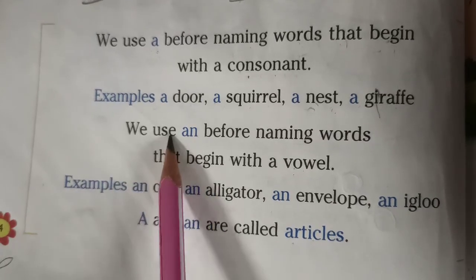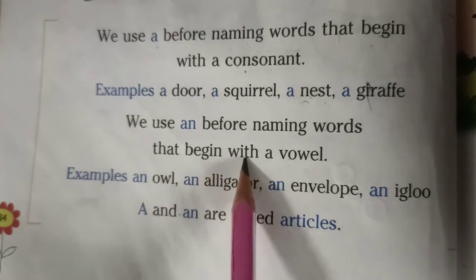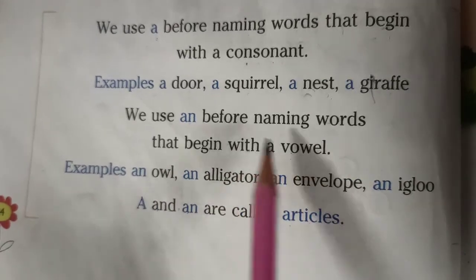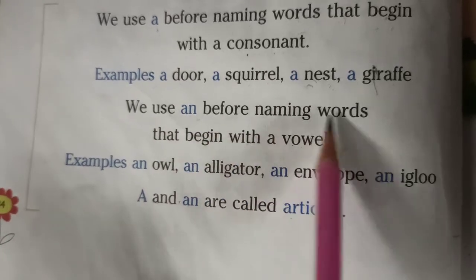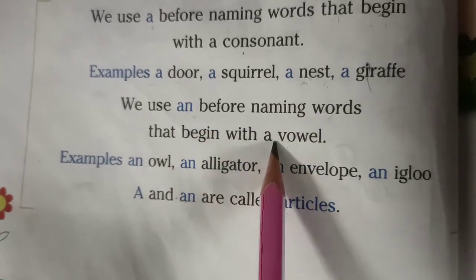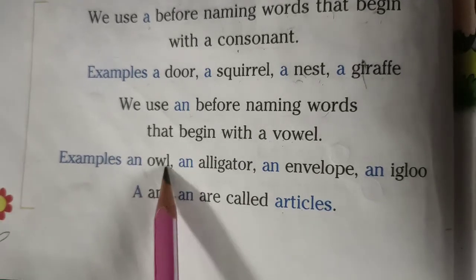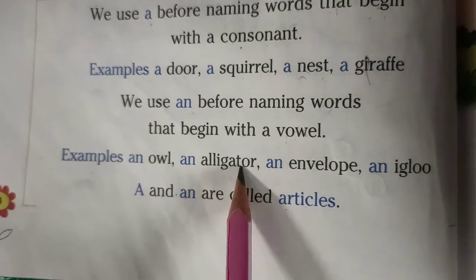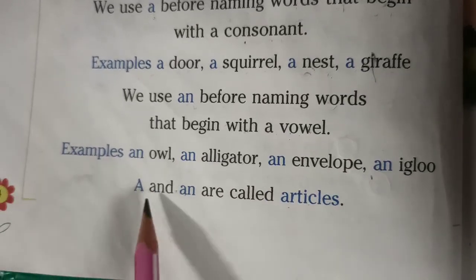Then we use an before naming words that begin with a vowel. For example: an owl, an alligator, an envelope, an igloo.